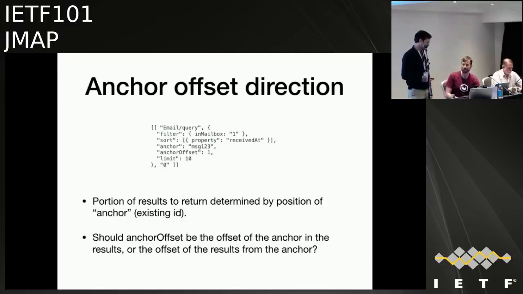Could you have anchor and then position and have the list start at the anchor rather than start at 0? So your final start becomes the sum of position and the anchor's location in the list.